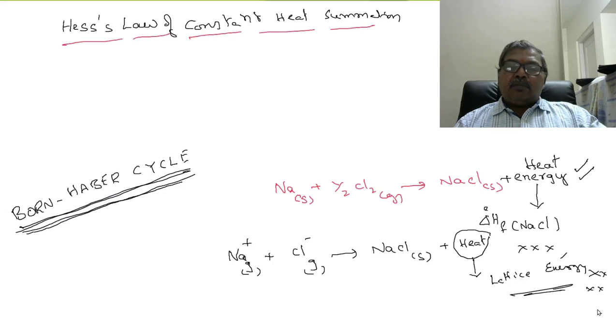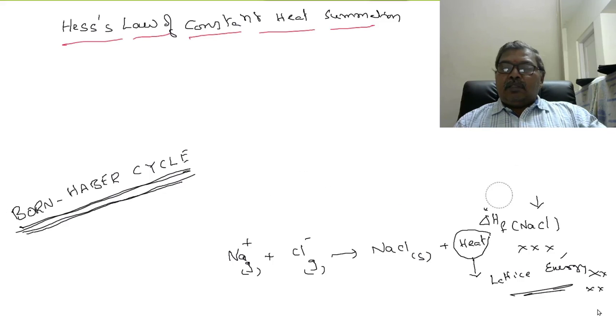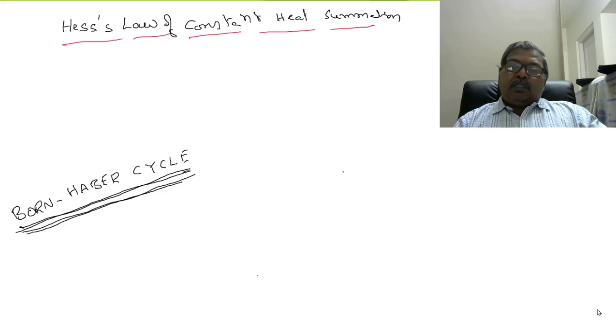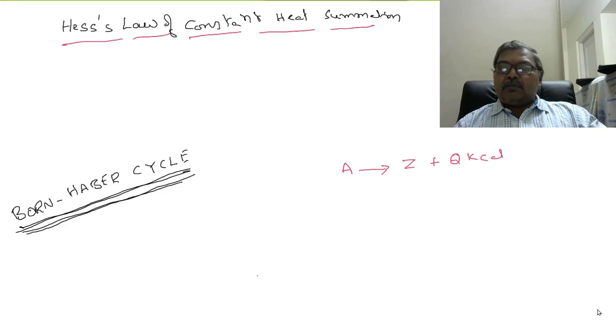for example, this is a chemical reaction A to Z. For example, here Q kilocalories of heat energy is released. Now, suppose the same reaction is carried out in more than one step, like this.